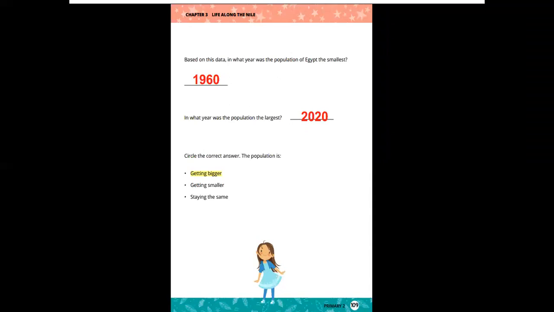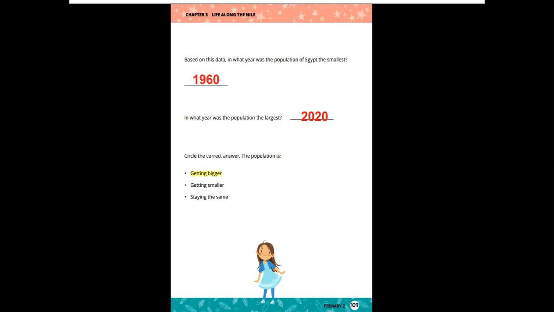Now, what did you notice? Did you notice that the population is getting bigger or getting smaller or staying the same? Of course, it is getting bigger. You are getting very good at reading the chart. Now, as we said, the population is getting bigger.